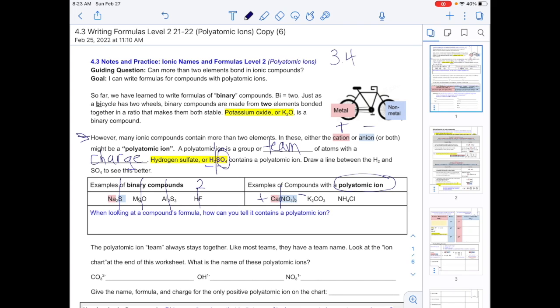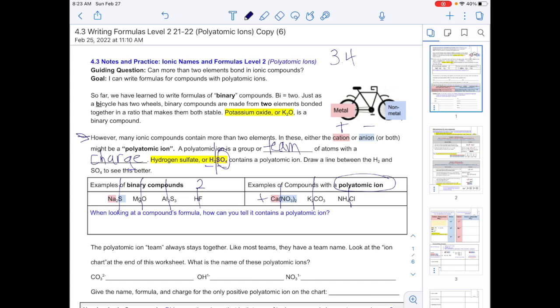On this one, the K is a single atom ion, but the capital C, capital O3 is called carbonate, and that's a team. And this one, the team comes first, it's positive. The NH4 is a team called ammonium, and the Cl is a single atom ion.